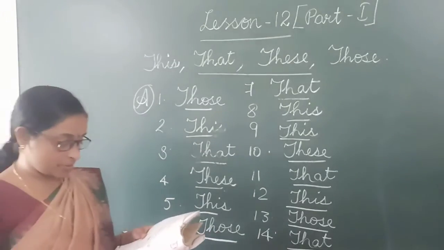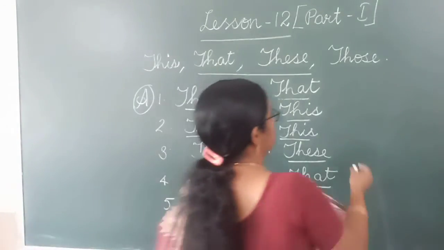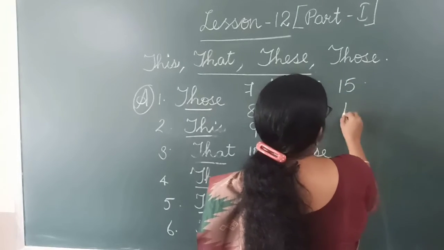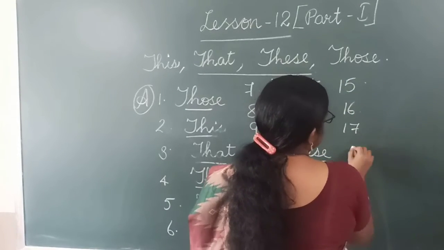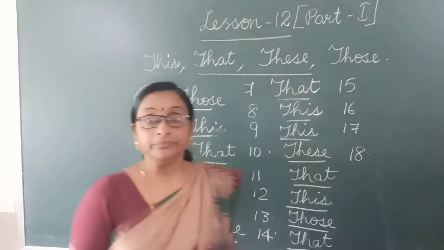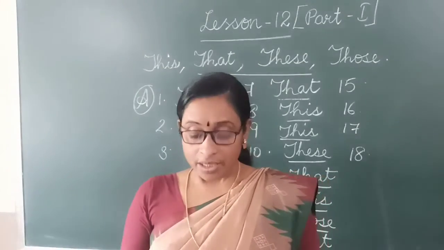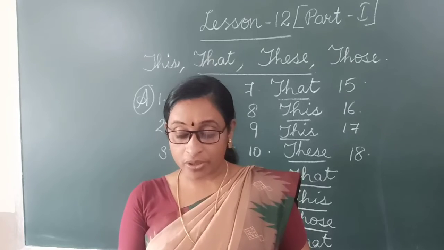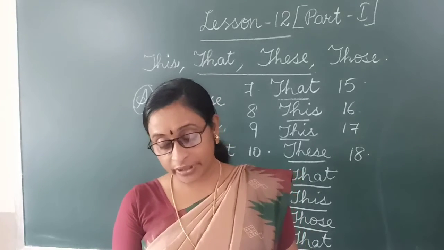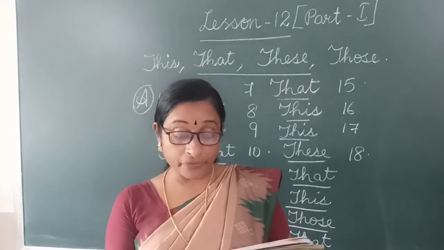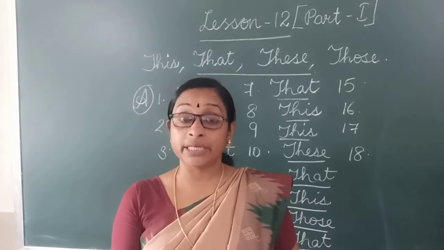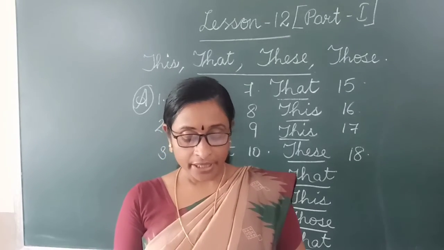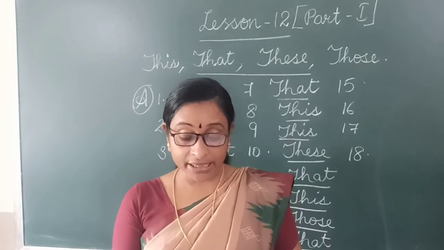Now we are going to write number 15, 16, 17 and 18. 15, dash are Kavita's crayons. There is no pointed finger, so what will you write there? These. Next one, dash mobile is Neha's.